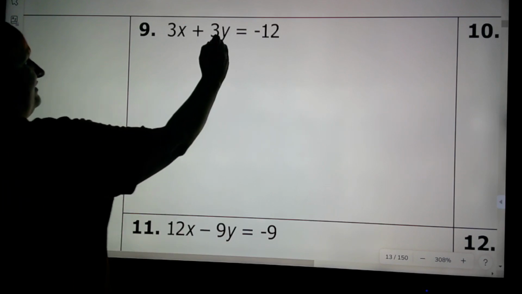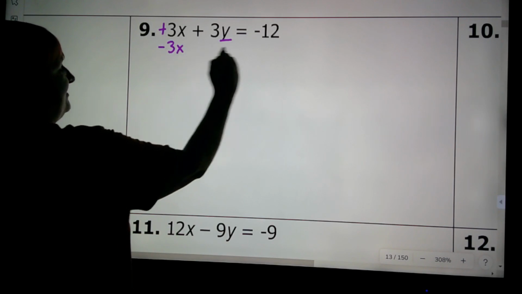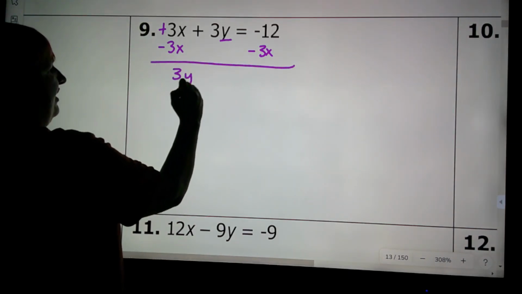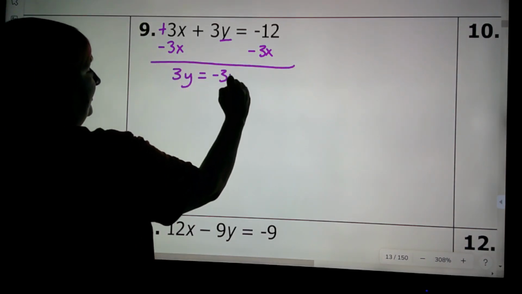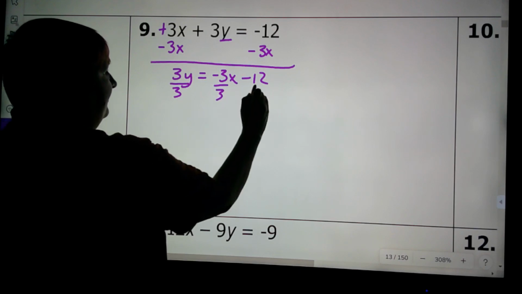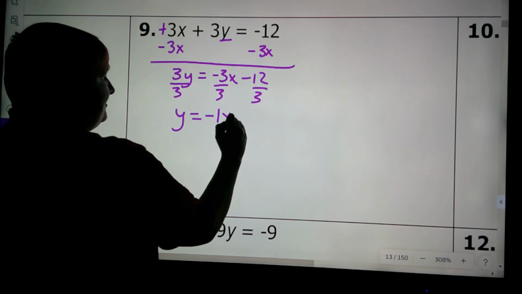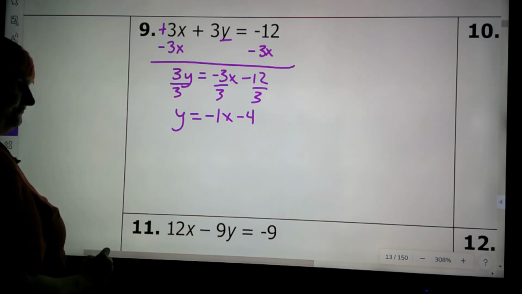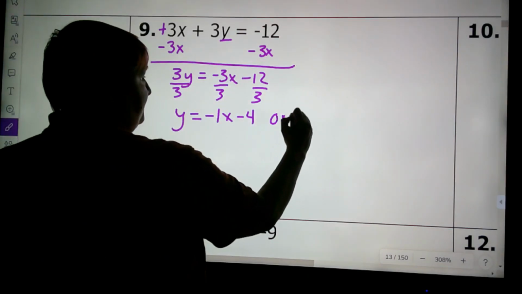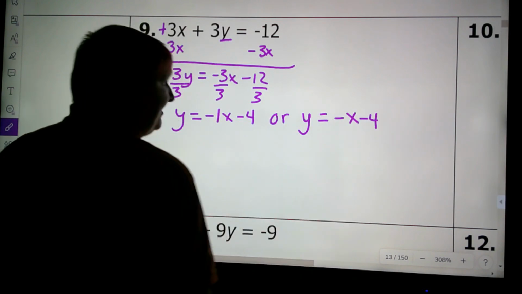Solve for y. This is a positive 3x, so we're going to subtract 3x. That gives you 3y equals negative 3x minus 12. Divide it all by 3 to isolate the y: negative 1x minus 4. You could just put y equals negative x minus 4, and that's correct.